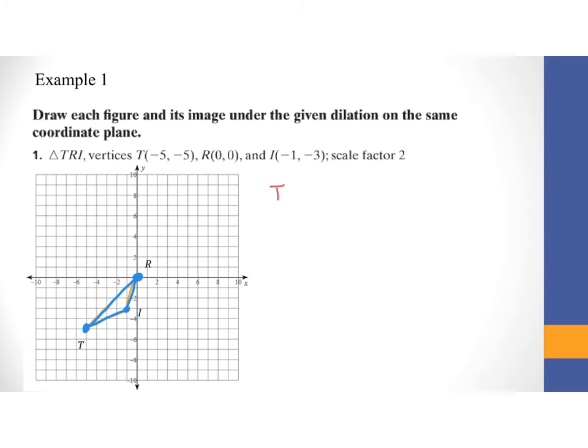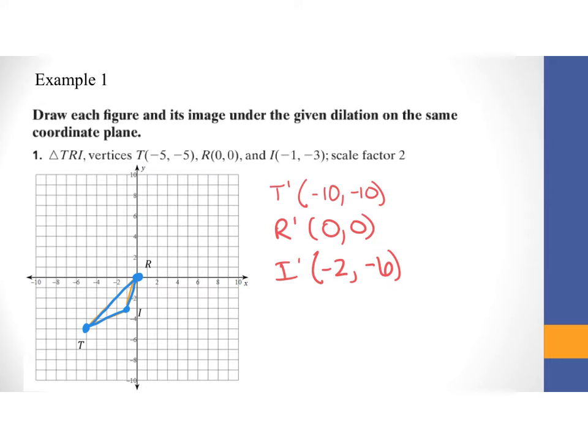So for coordinate point T, or actually I'm really going to look at T prime, if I take -5 and I multiply it by 2, I get a -10. -5 for my y value times 2 is a -10. Then I have R. R prime is going to still be 0, 0. And I have I prime, which is going to give me a -2 and a -6.